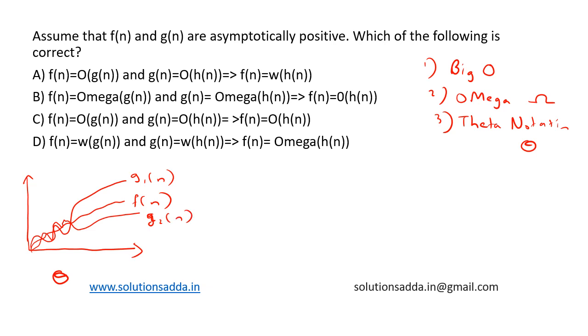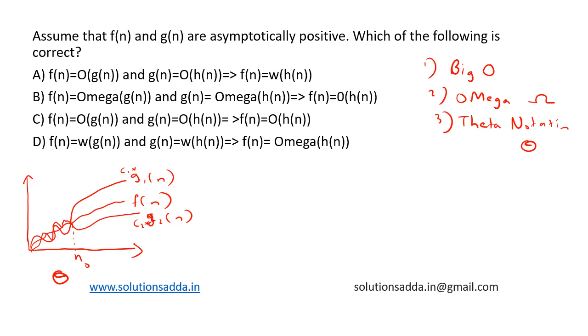Then there will be two constants c1 and c2: c1 multiplied by g1 of n and c2 multiplied by g2 of n after this point n0. We can say that after this point n0, f of n is bounded by g1 of n and g2 of n. So this represents the average case time complexity. This is theta notation. The next one is big O notation.